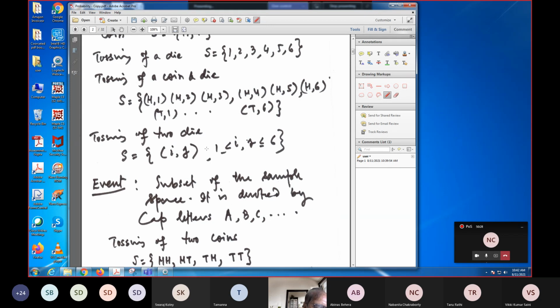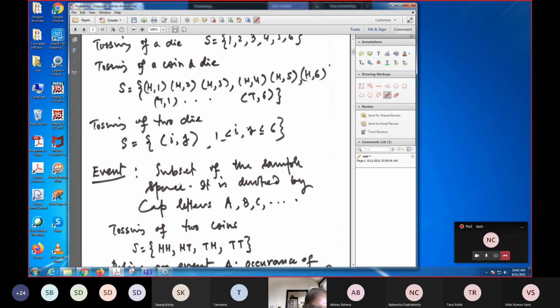We have to find the probability of an event. An event is nothing but a subset of the sample space, and it is denoted by capital letters A, B, C. We use this specific notation and refer to events by capital letters A, B, C, D, E, F. Generally, these are the very common letters used to specify an event.